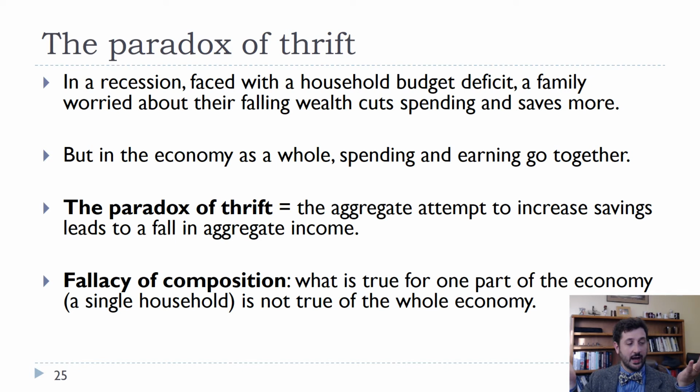That means output and income go down, which means spending goes down even more. And so now people were worried about a recession, and their behavior, their increase in savings, has made that recession more likely or worse.